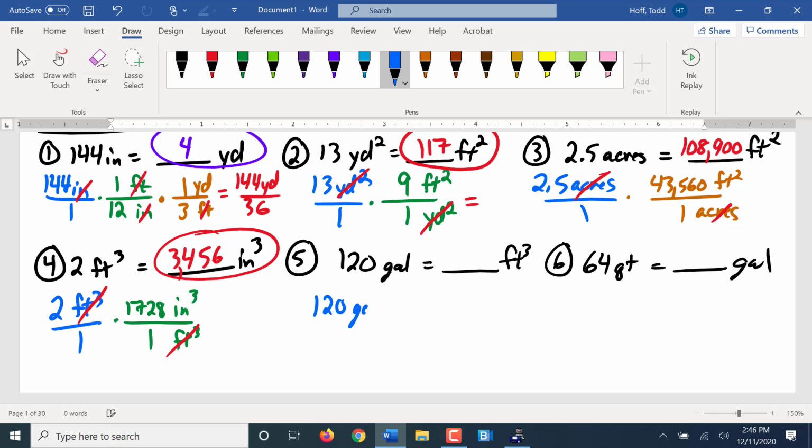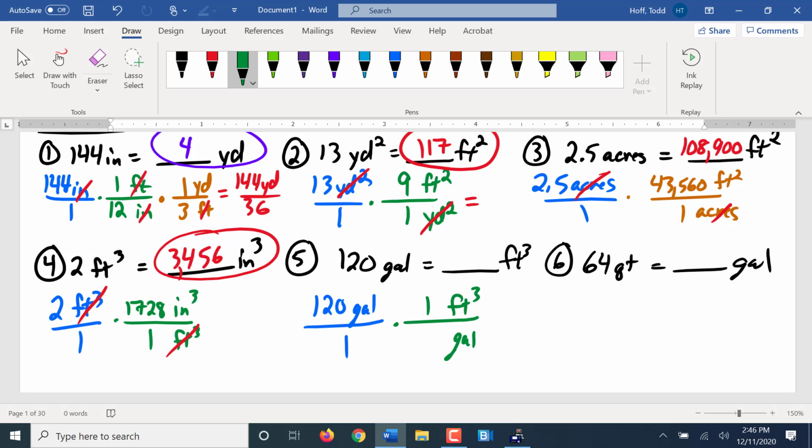120 gallons converting into cubic feet. Anybody remember how many gallons are in a cubic foot? No. A 5-gallon bucket.